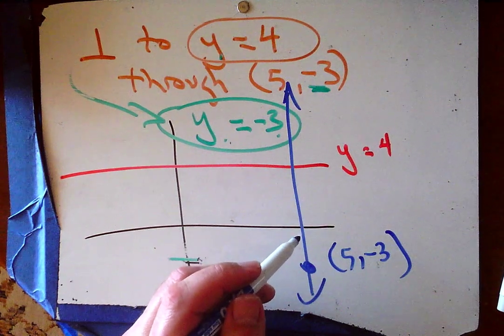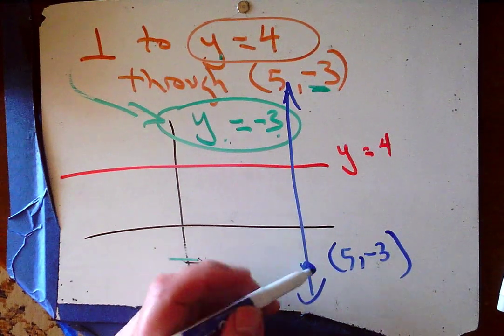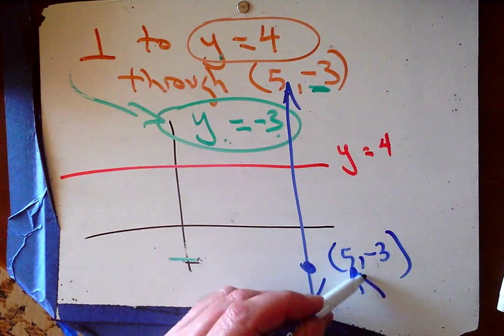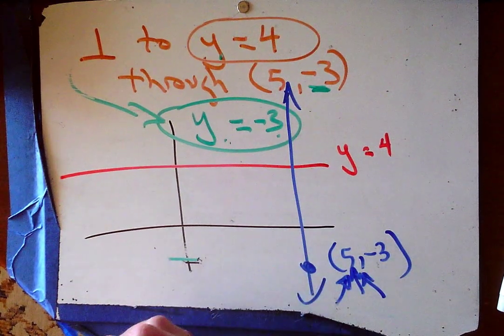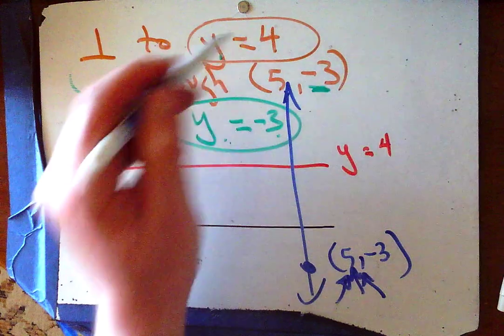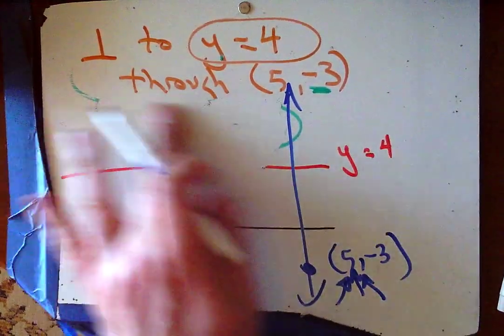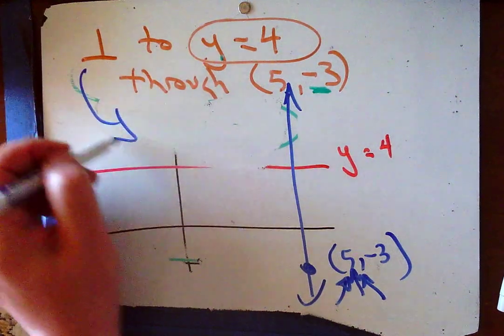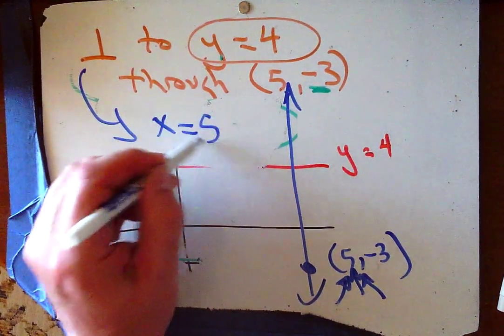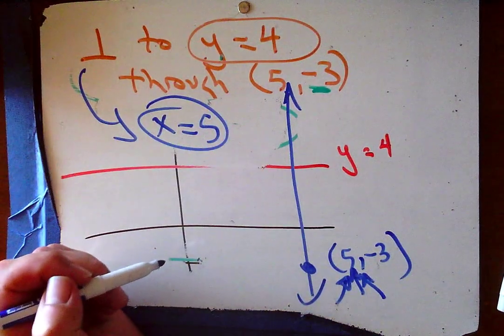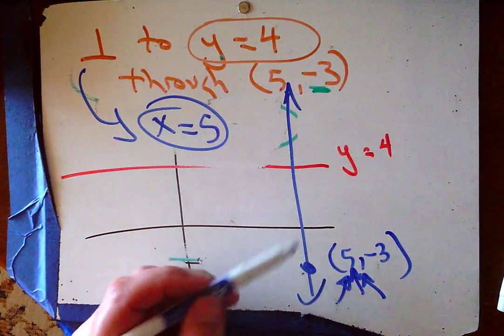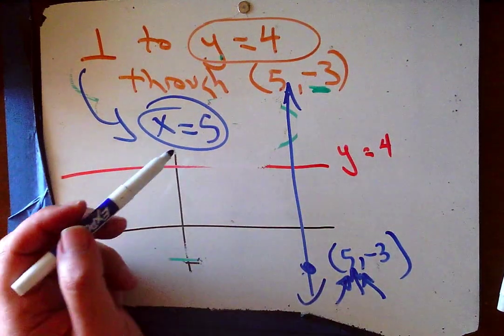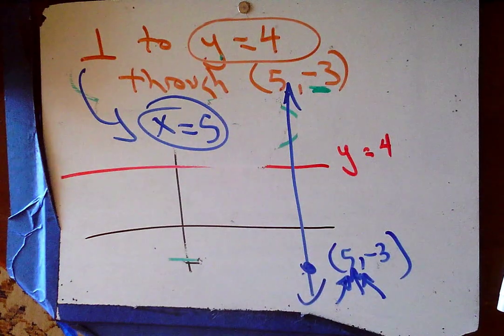X equals a number. What number? This number, the x-coordinate of the point we're supposed to pass through. So what's the line perpendicular to y equals 4 that passes through this point? That perpendicular line is going to be x equals 5. X equals 5 is the line that's perpendicular to y equals 4 that also passes through the point (5, negative 3).